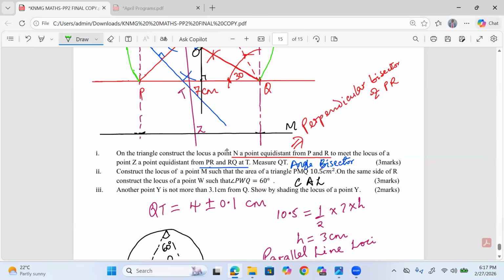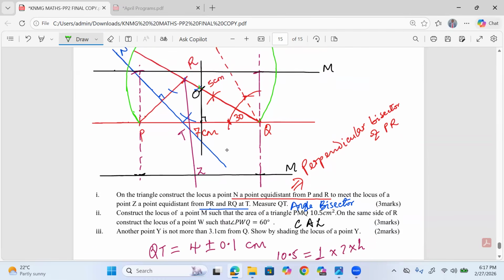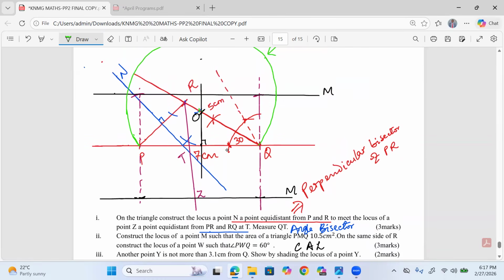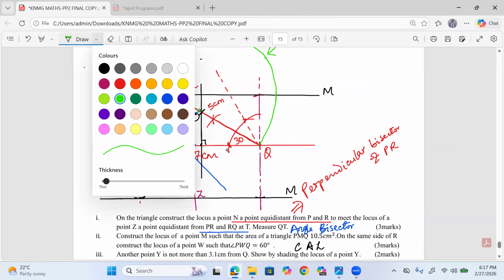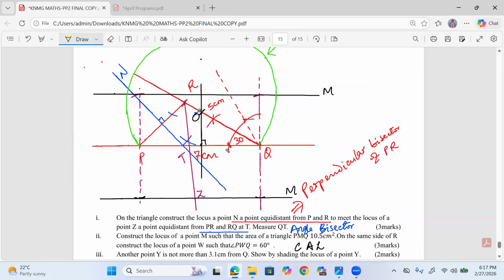So from Q, when we talk about 3.1, we need a circle such that any points from Q to that circle are 3.1 centimeters away. But now that we don't need them to be more than 3.1 centimeters, then we shade the inner side. So a radius of 3.1, then we do a circle.